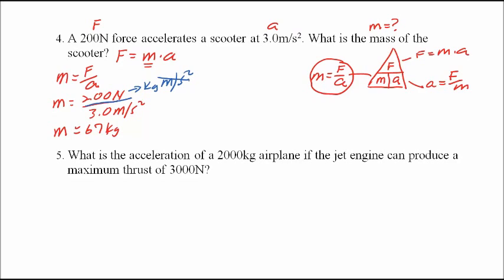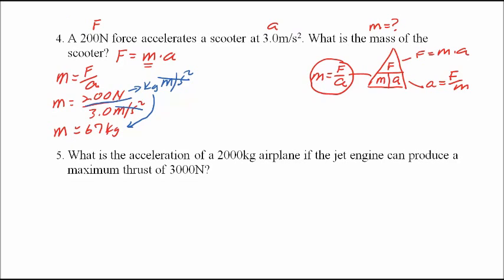So that factors out, and so does that. And so what comes down is going to be the kilogram, and that's what you see in this answer. So the unit in the answer is going to be kilograms, which is good because we're looking for a mass, and a kilogram is actually a unit of mass. So it just helps you check and make sure that you set the problem up right.